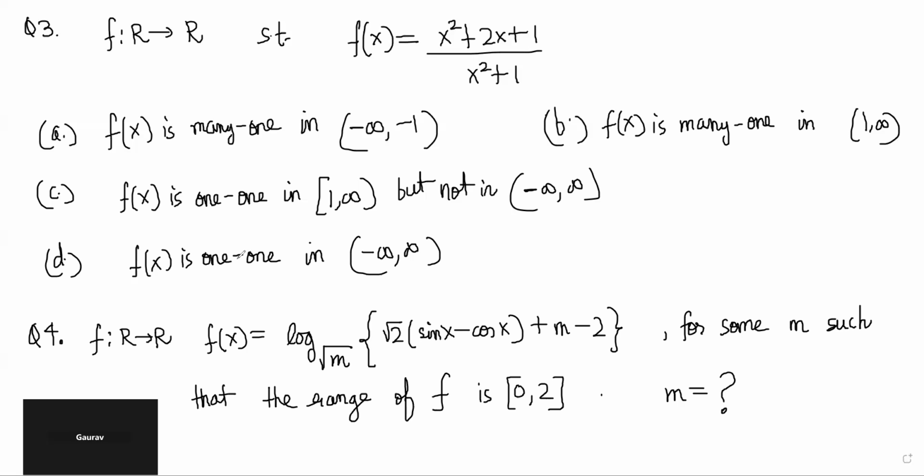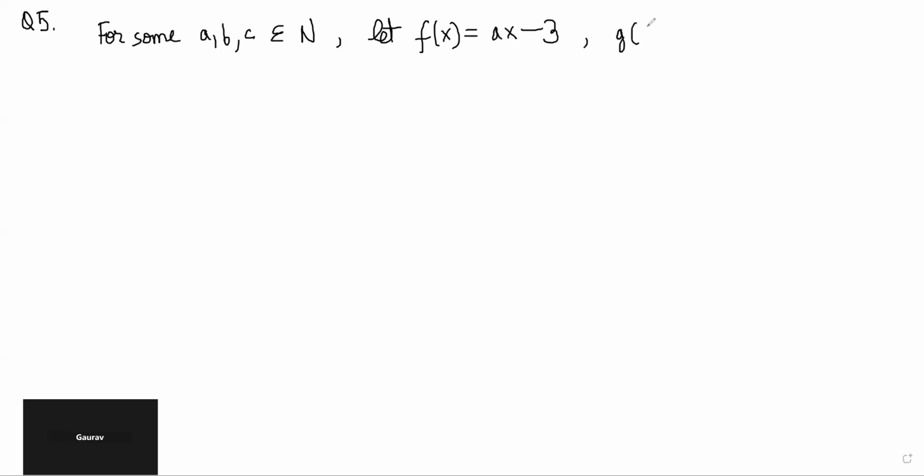Okay. Question 5 is, for some a, b, c belonging to natural numbers, let f(x) be equal to ax minus 3, and g(x) be equal to x to the power b plus c, if x belongs to the reals.